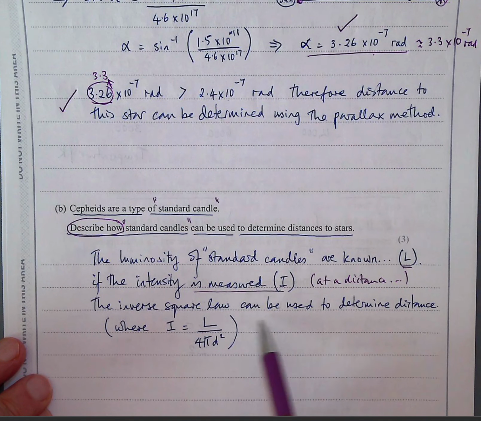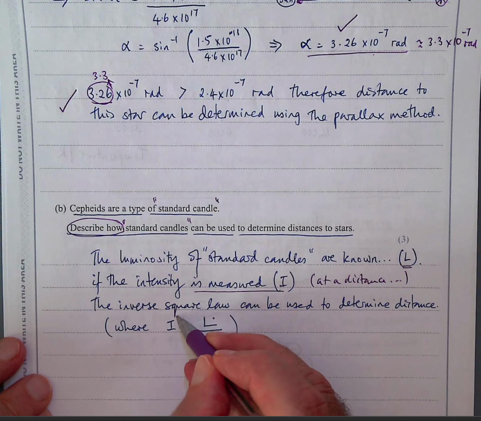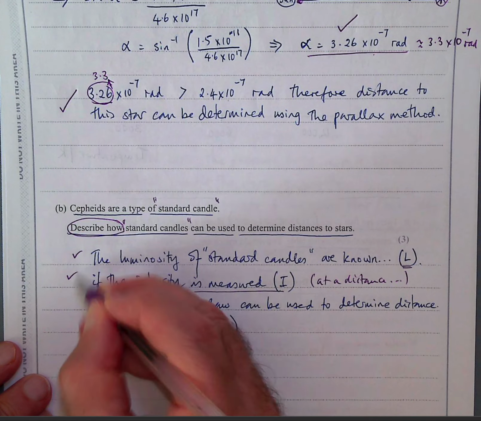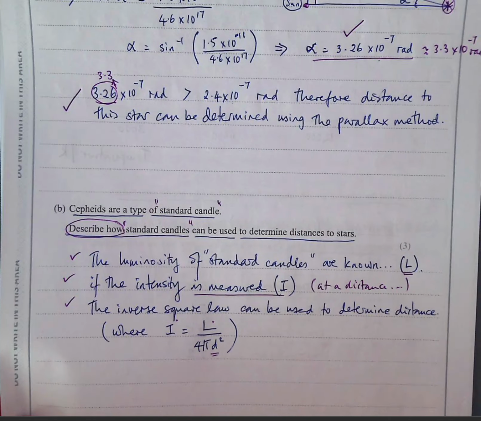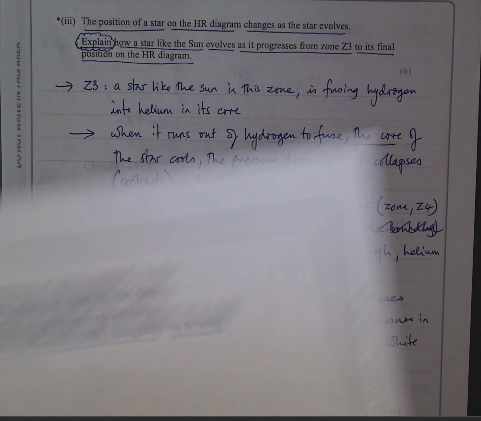The inverse square law can be used to determine the distance because we know the luminosity and we've measured the intensity, so we can work out the only unknown, which is the distance. And that's how you get the 3 marks. So that's how you use the standard candle method. You compare 2 Cepheid variables at different distances, and you can then work it out.